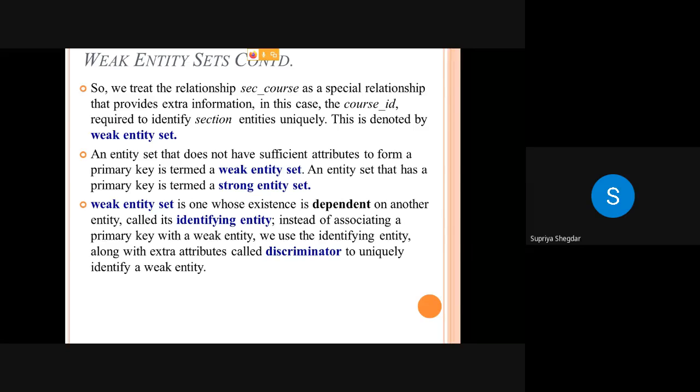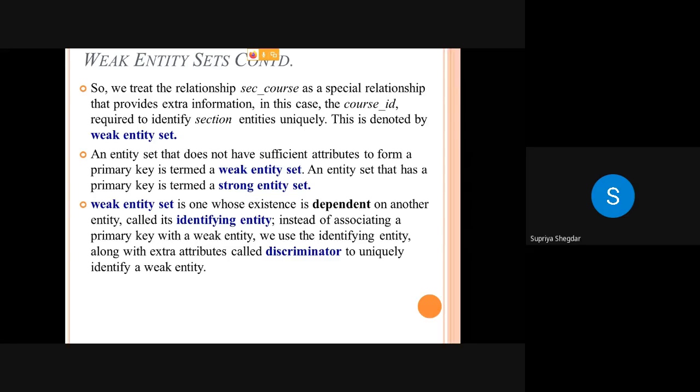Means we cannot use the primary key with the weak entity set, but we know that the weak entity set depends on the identifying entity set, and we can provide a primary key to the identifying entity set, and that attribute is called the discriminator of the weak entity set, and this discriminator uniquely identifies the weak entity set.